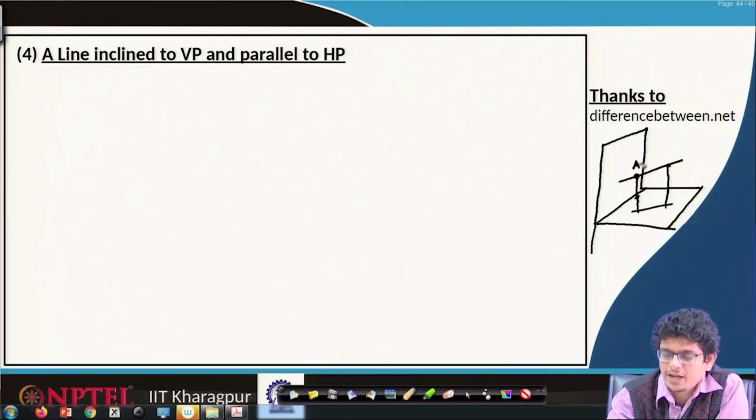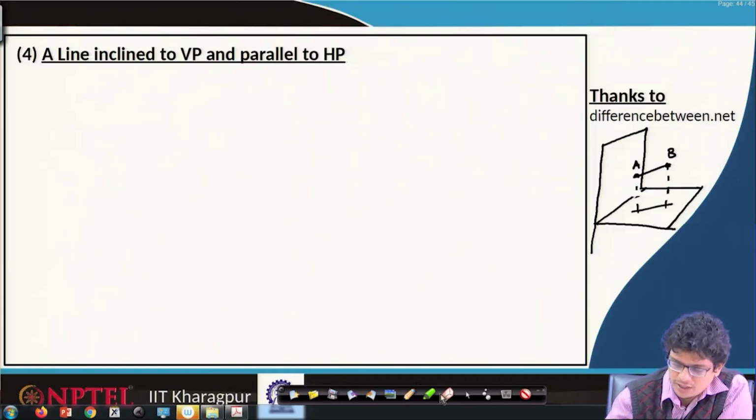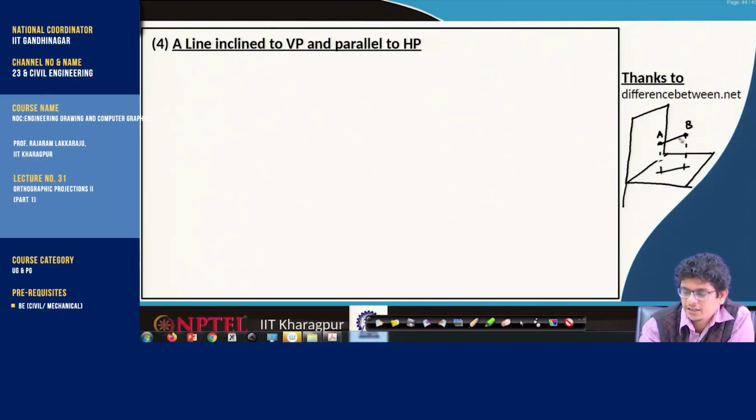this is the point A, this is the point B. If we extend this AB line, it might intersect at that point, so that it makes an angle theta with the vertical plane.